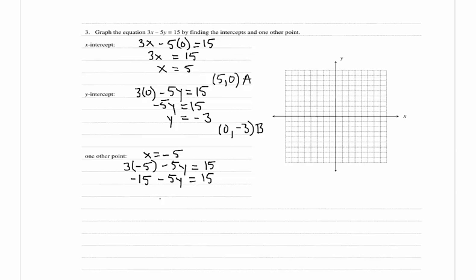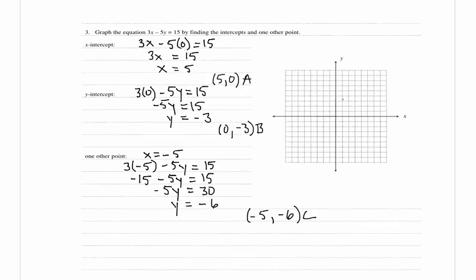Now we're going to add 15 to both sides, and we get -5y = 30. And now we're going to divide both sides by -5, and we get y = -6. So our ordered pair for this point is (-5, -6), and we'll call this point C.